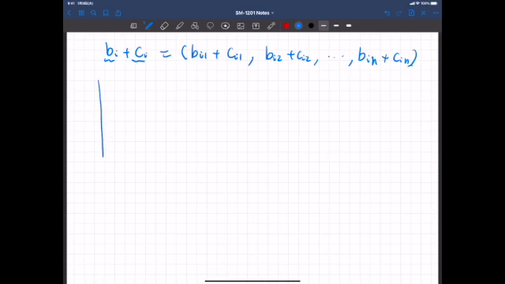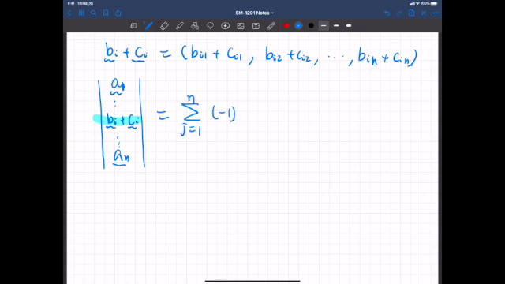So if we apply the definition of the determinant, with b_i plus c_i and a_n, so if we pick this row, the ith row, then the determinant is the sum over j from 1 to n of negative 1 to the power of i plus j, times b_ij plus c_ij, times the smaller determinant.